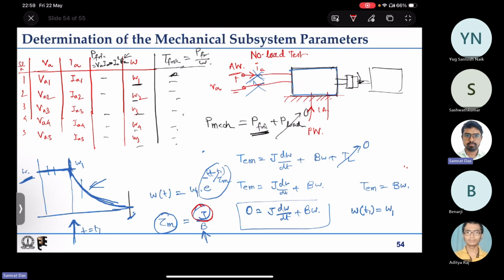Another alternate way could be, if you know how much torque you are applying. Say you can estimate torque quite well. So torque was initially at some value, Te1, and the motor was rotating at omega 1.